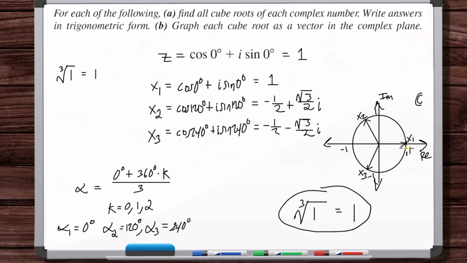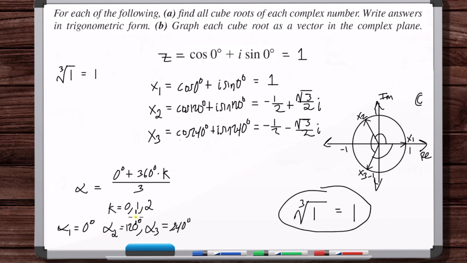The other form of symmetry here is the fact that for any nth root, the roots are going to be equally spaced all the way around. So you start at the first root, the vector corresponding to the first root, and the angle between the first vector and the second vector is going to be the same as the angle between the second vector and the third vector, and the same as the angle between the third vector and the first vector every time. You can kind of see that here, and that can make it easier to get these angles.